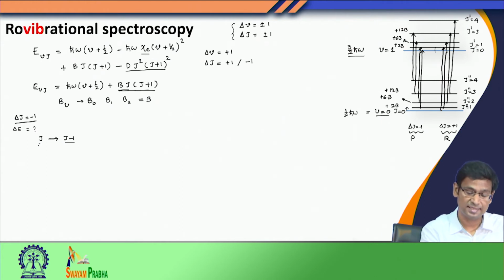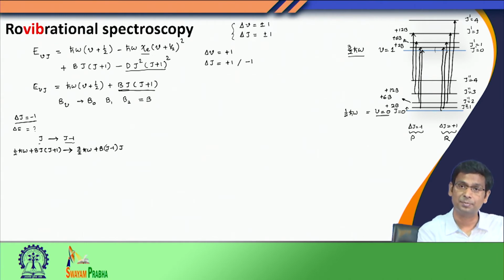The energy of the initial state is half h bar omega plus B J into J plus 1. The energy of the final state is 3 half h bar omega, because we are going to the upper vibrational level, plus B J minus 1 into J, because we have this formula of J into J plus 1, but this J is now J minus 1. Therefore, J minus 1 into J.